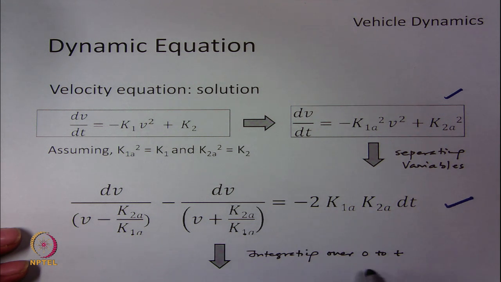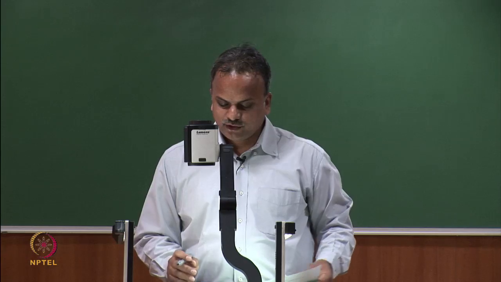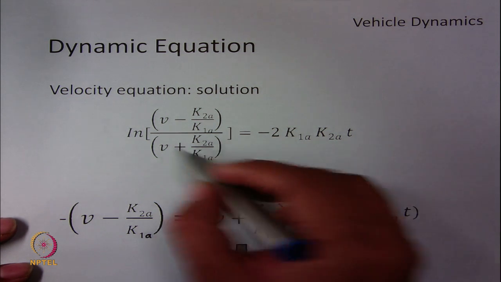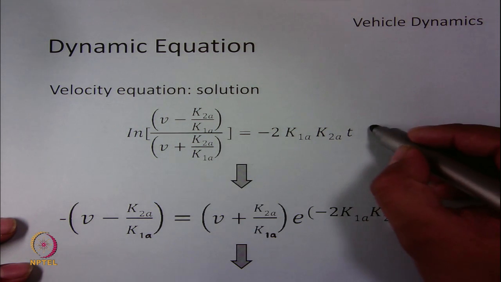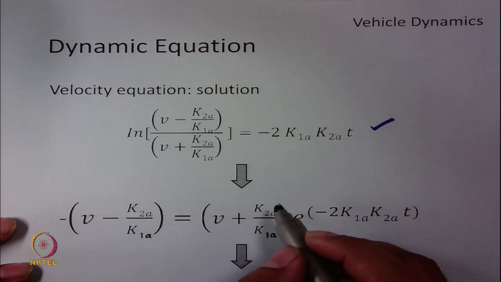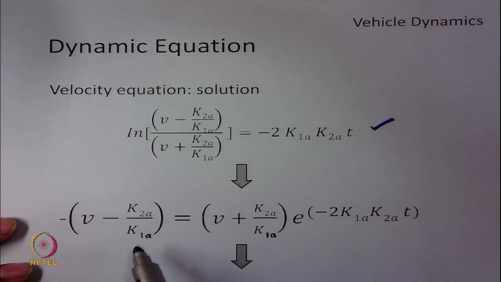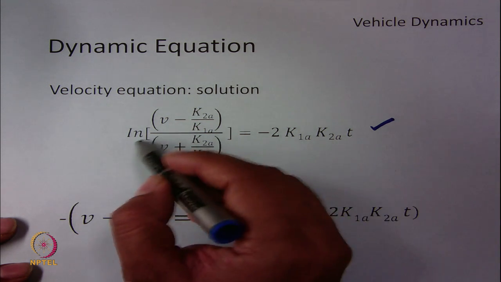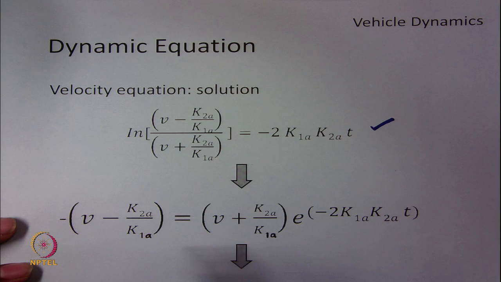Let us integrate this over 0 to time t. If we do that, we will get a logarithmic equation which is like this, and this can be further solved in terms of exponential terms. Thus, we can remove this logarithmic term like this.